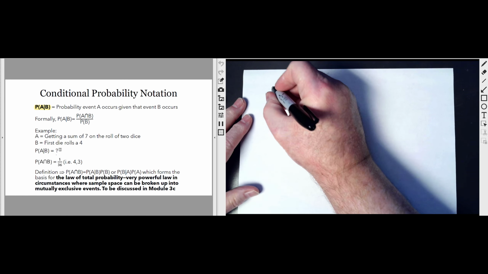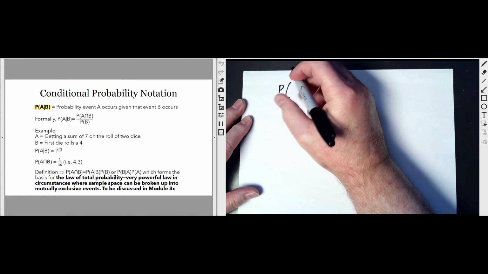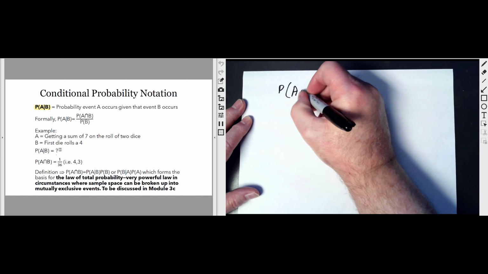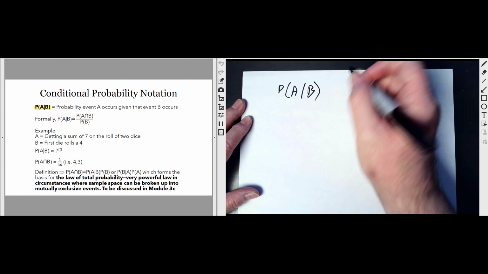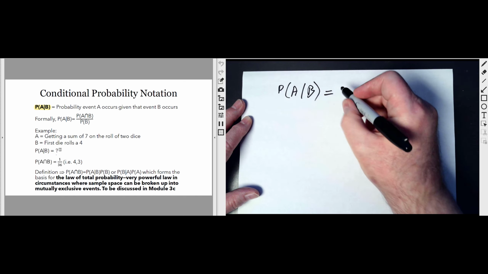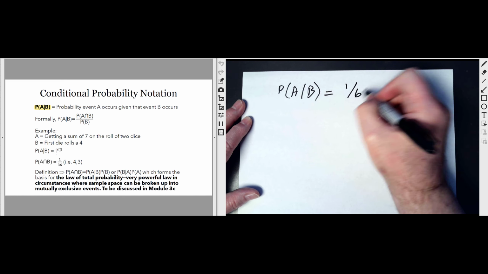All right, so let me write that down. The probability of A given B is 1 out of 6.